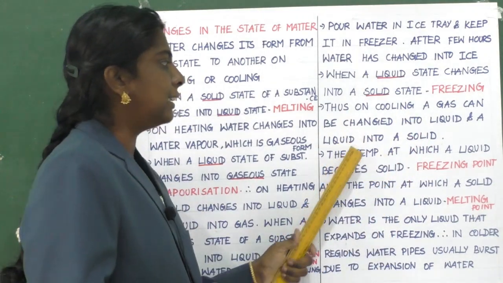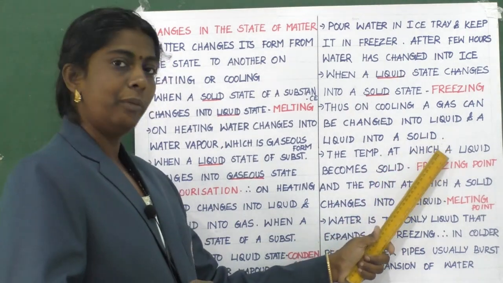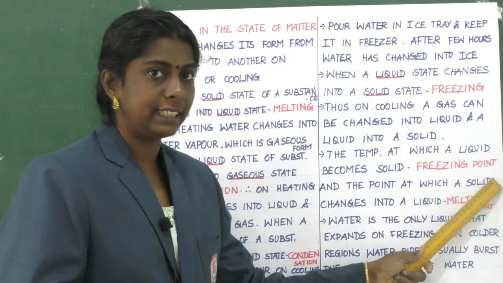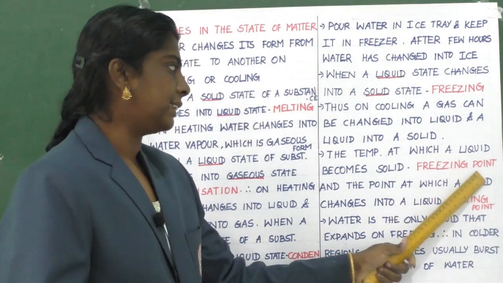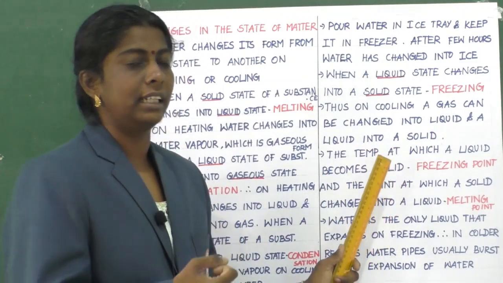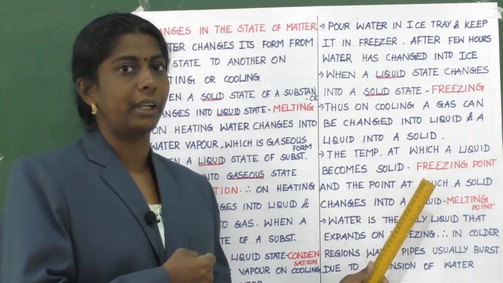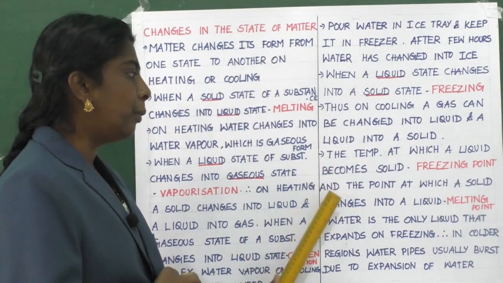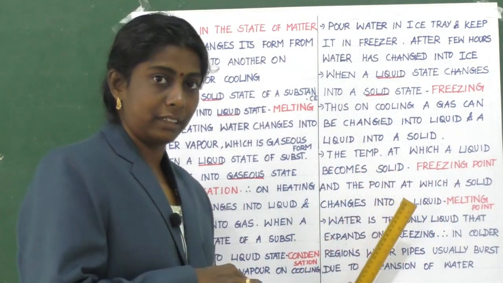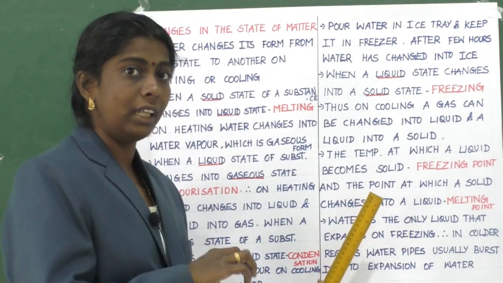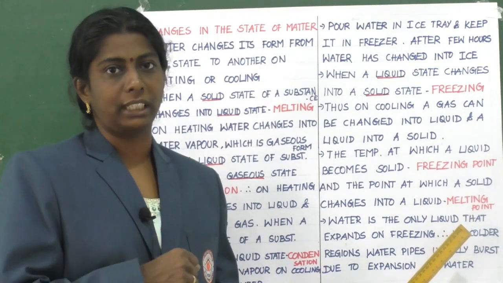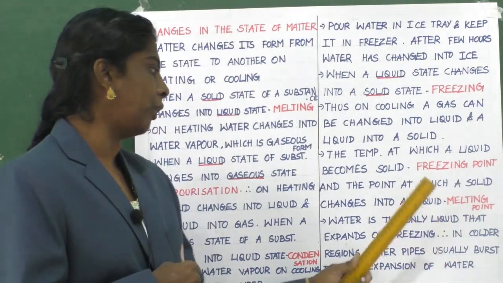Then, the temperature at which a liquid becomes a solid is said to be the freezing point. Okay. And the point at which a solid changes into a liquid is said to be the melting point.